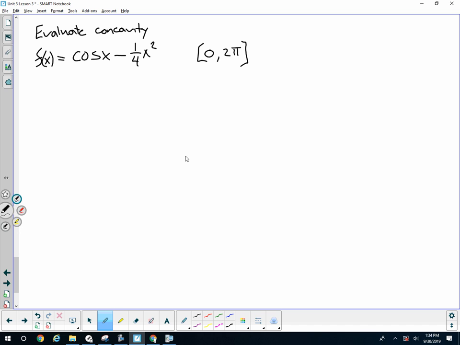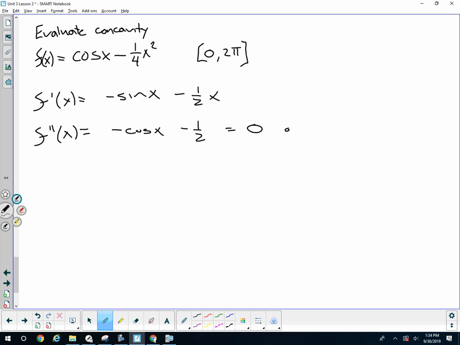Examine the concavity for this function. We need to be comfortable with trig functions.